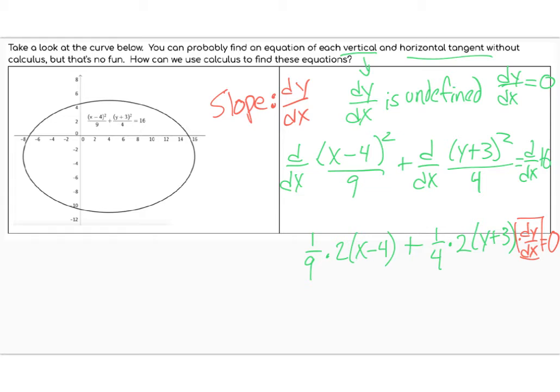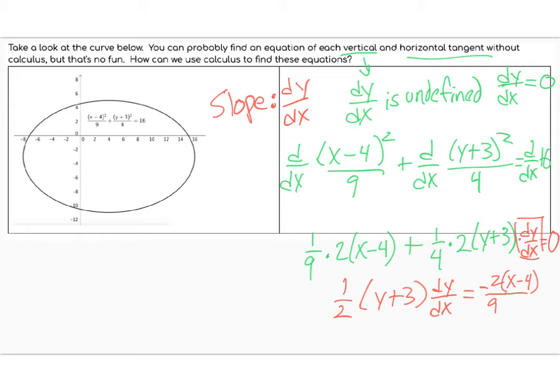I might move the x stuff to the other side, and we end up getting 1/4 times 2 is a half, (y plus 3) dy/dx, and on the other side we're going to have negative 2/9, and I'm just going to put that x minus 4 up top.